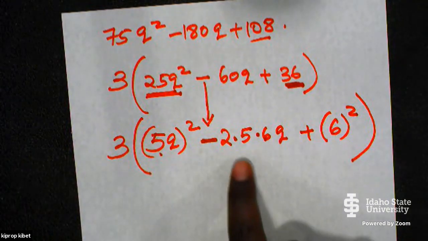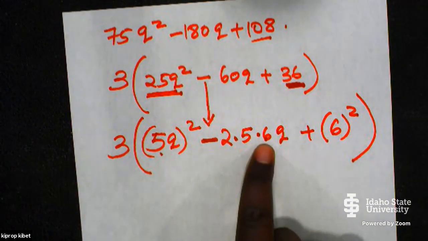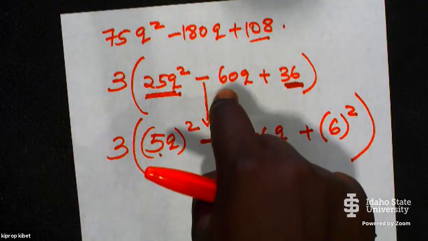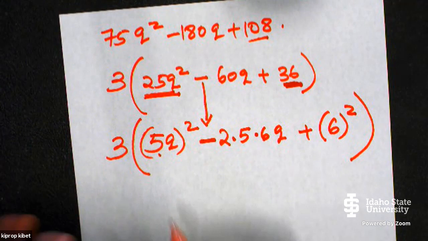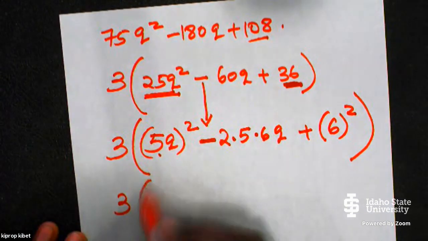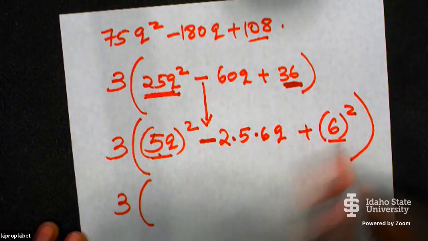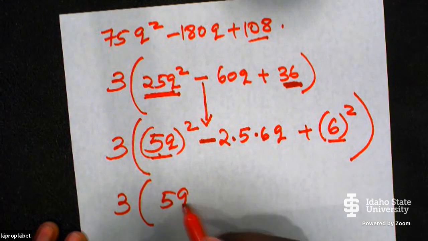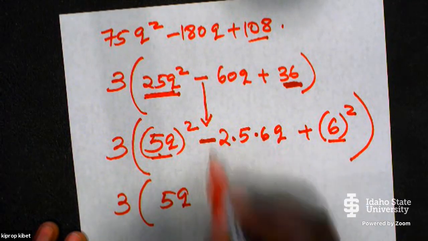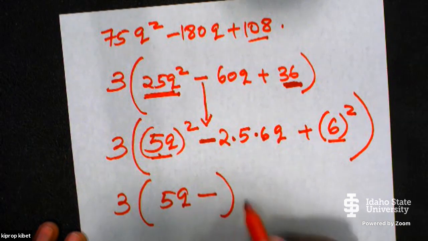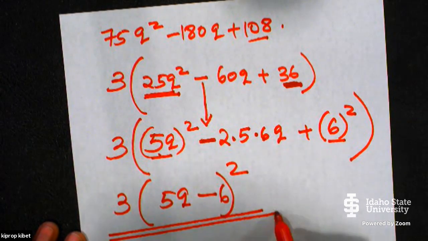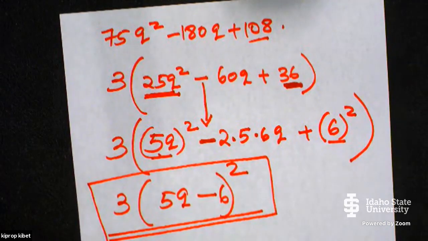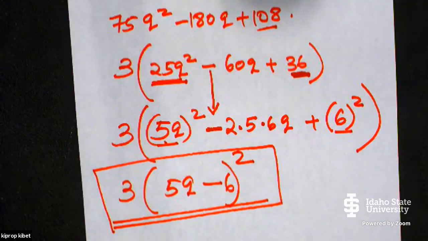So when you multiply 2 times 5 times 6, you still get 60. So our perfect square will now be 3 outside, (5q minus 6) squared, because of this minus here. So that is our factor.